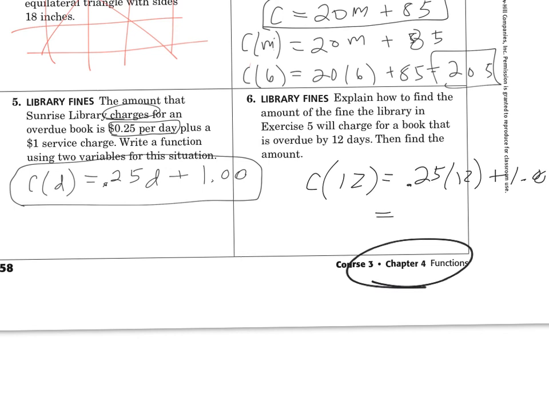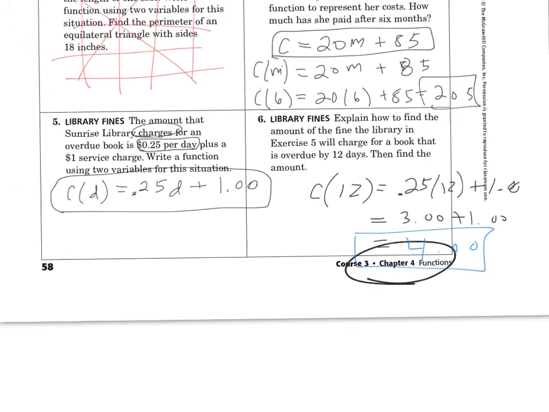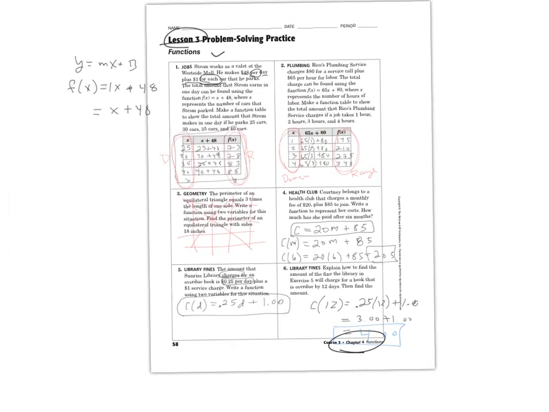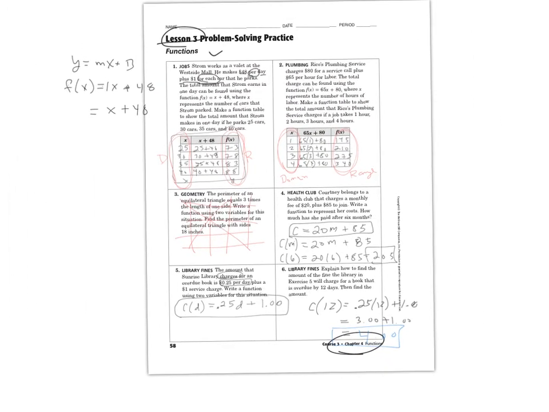So that's going to be $3 plus $1. The total late fee will be $4. And that's it. That's all you got to do. That's problems 1 through 6, chapter 4, section 3 on functions.